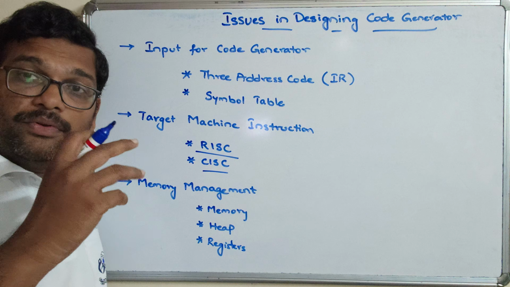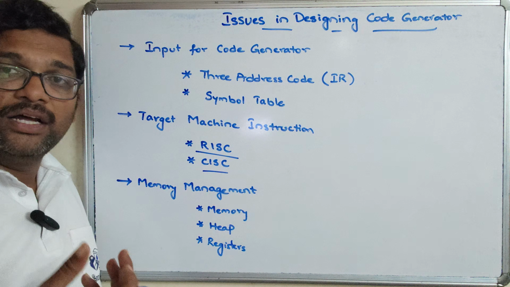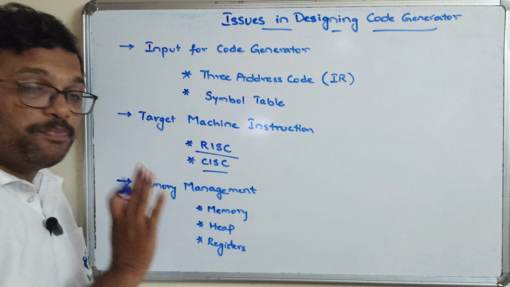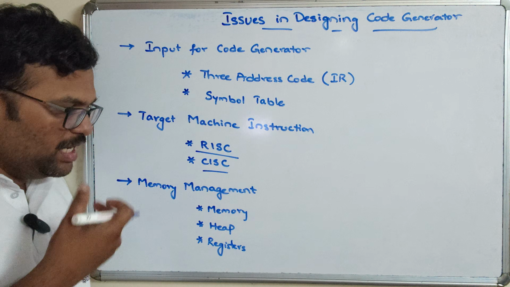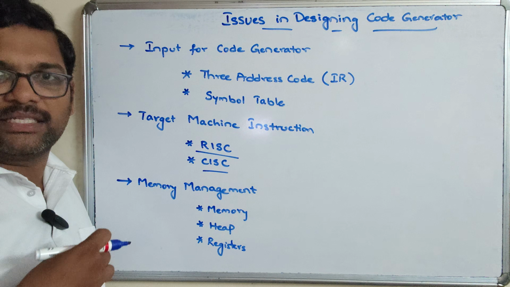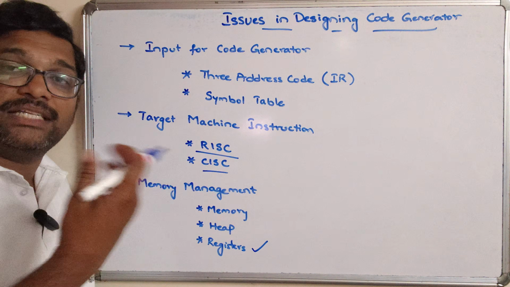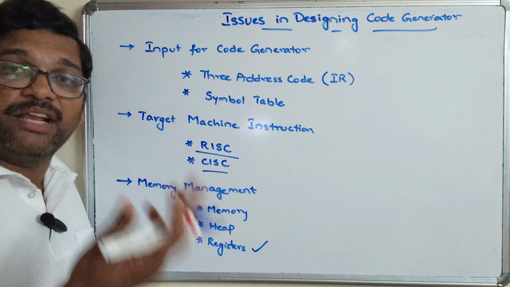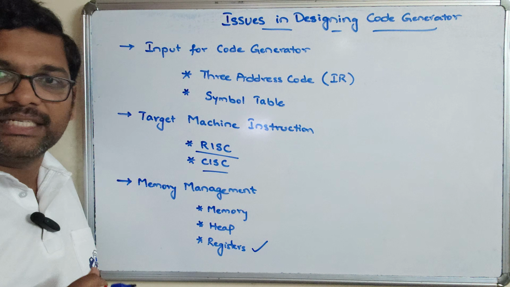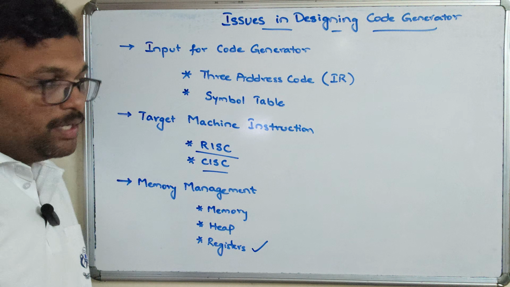Our source code will use different identifiers, functions, etc. Which should be stored in which memory? We should be very careful, because the access should also be very fast. Compared to the others, we know that registers are very fast to access. So when to use the registers and what kind of variables we can store in the registers, we need to focus on before generating the code.